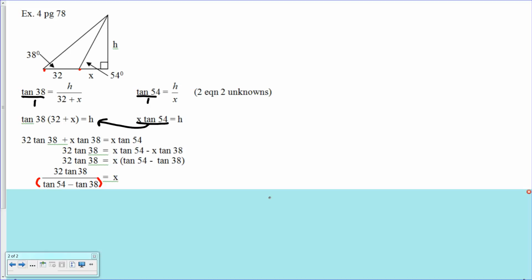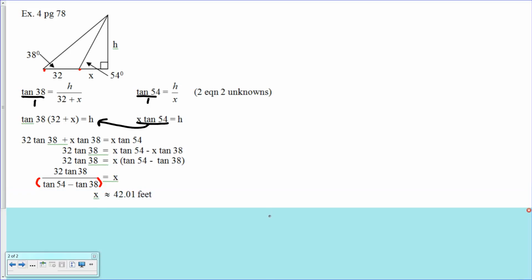And since it's following the order of operations, it's just going to do 32 times tangent 38 divided by the denominator. Slightly different than if you put parentheses around the top, because then it's going to have the top number divided by the bottom number. It's a slight difference, but the main point is be careful on your parentheses when you plug it into your calculator. There will be a lot of mistakes.